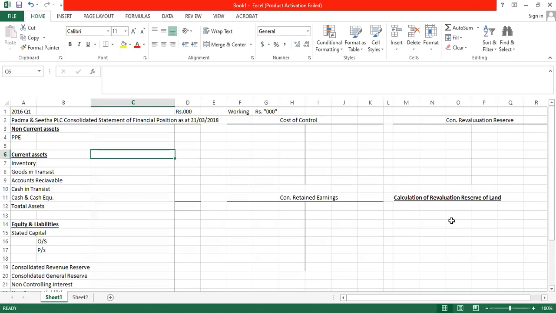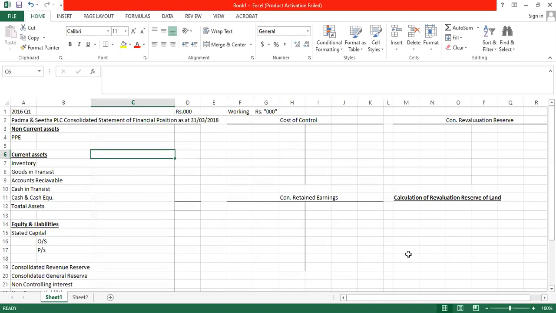Normally, most of the time, when they acquire a company, they revalue the subsidiary's assets, right? So they also have a revaluation. Now they say if there is a difference between fair value and the book value of the assets, it is the revaluation profit or loss related to the land of Sita PLC.